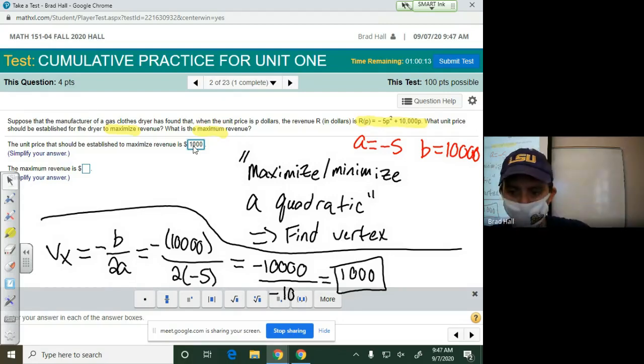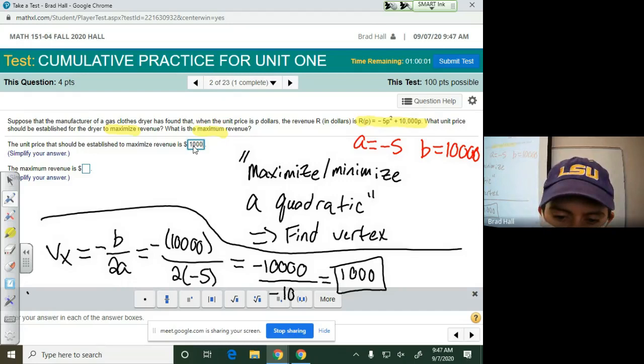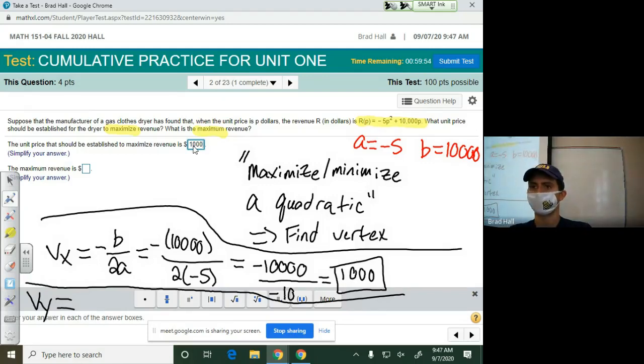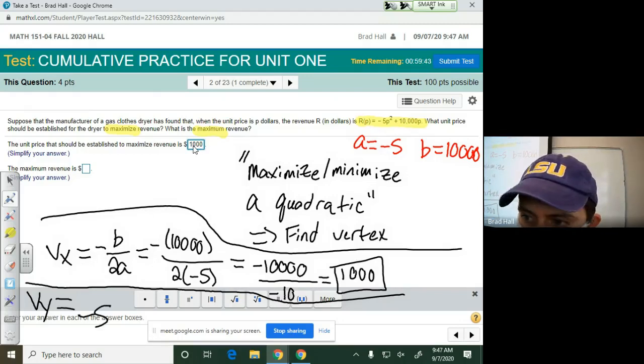And now for the next part, we found the x-coordinate of the vertex, so naturally we're going to find the y-coordinate, or the maximum itself. So to figure out the y-coordinate, we take the value that we found in the previous step, and we plug it back into the function. That's it. So that was -5. We found 1,000.